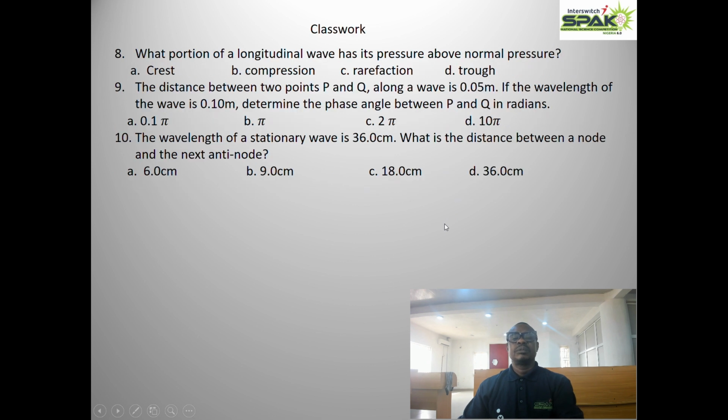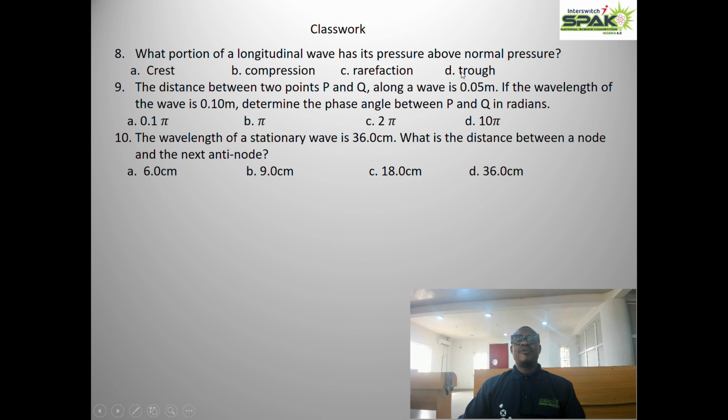Light is also electromagnetic. Number 8. What portion of a longitudinal wave has its pressure above normal pressure? If I were told that it is a wave above normal pressure, which did you pick? Crest, compression, rarefaction, trough.